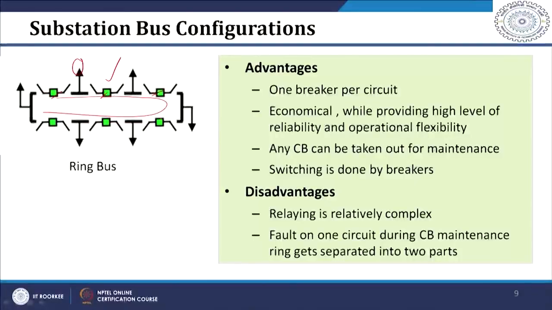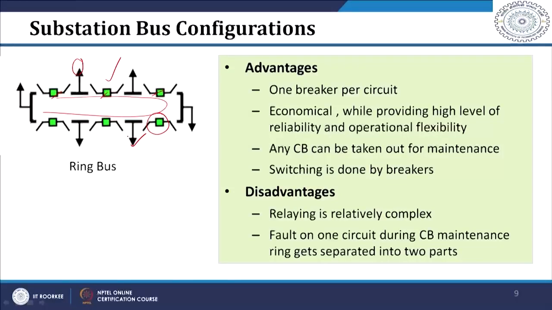Still, it can provide higher flexibility of operation as well as higher reliability, because if you want to take any circuit breaker for maintenance, you can do so without disturbing the supply of any of the circuits. So this is an advantage of this particular scheme. That is, any circuit breaker can be taken out for maintenance without disconnecting any circuit.